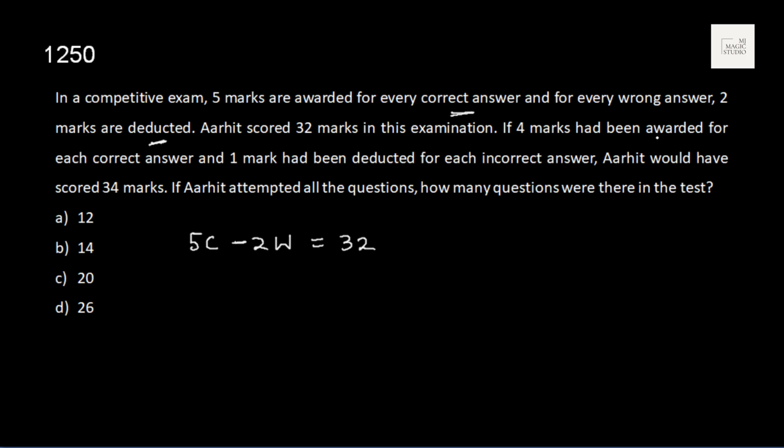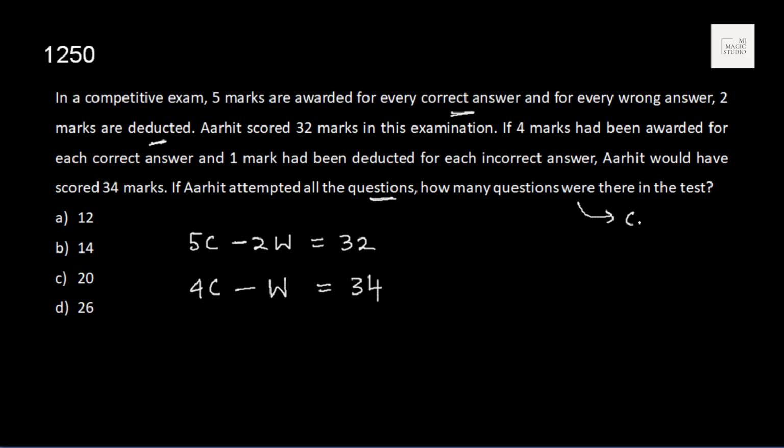If 4 marks had been awarded for each correct answer, 4C, and 1 mark is deducted for each incorrect, minus W, Arhit would have scored 34 marks. If Arhit attempted all the questions, how many questions were there in the test?